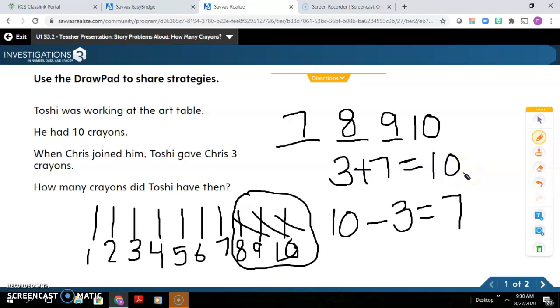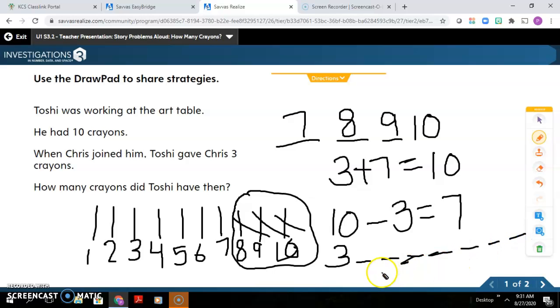So those were 3 strategies that you might want to use, and then the other one was, of course, counting on your fingers or counting back on your fingers, starting with 10 and then putting 3 fingers down. You could also count up. You could start with 3 and count up to 10. 4, 5, 6, 7, 8, 9, 10.